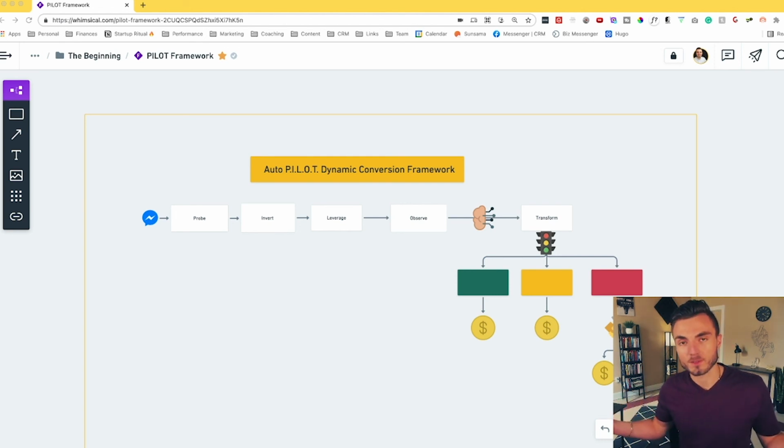Scripts are just frameworks, but if you don't know how to make that script your own and interpret the information that you're gathering, they're worthless. And this is honestly one of the most important and overlooked parts of the entire messenger process.